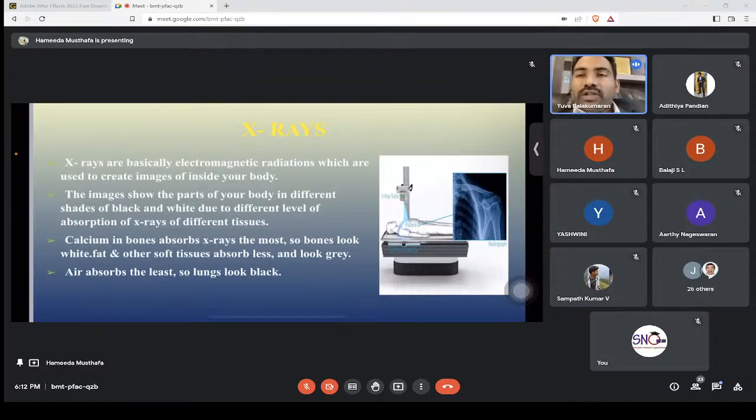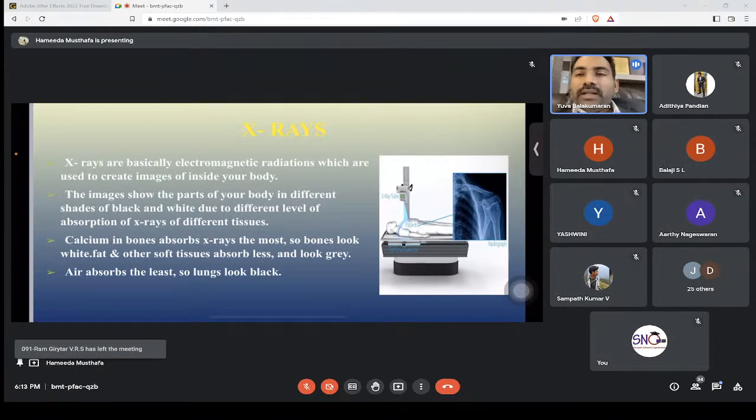absorption of X-rays of different tissues. You can see an X-ray of left shoulder and shoulder joint. The calcium in the bones absorbs X-rays the most, and it is difficult for the X-rays to penetrate the bone. So the bones are radio opaque, and the bones are white in color.